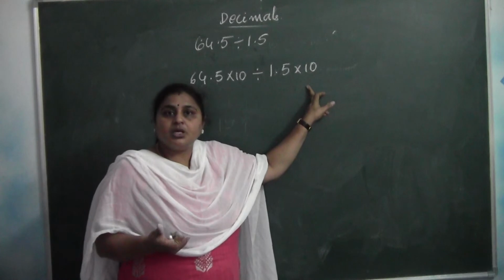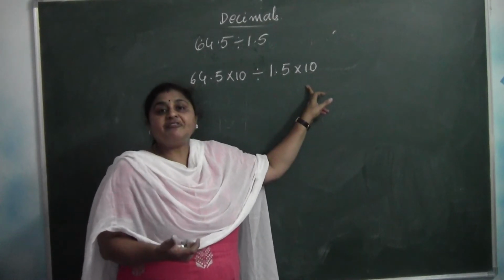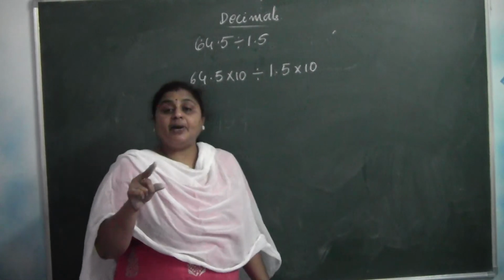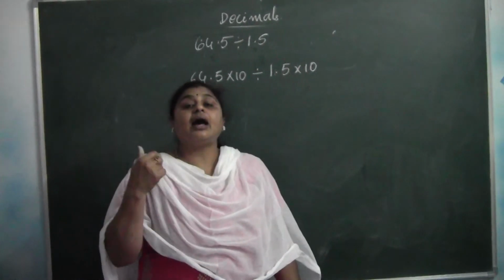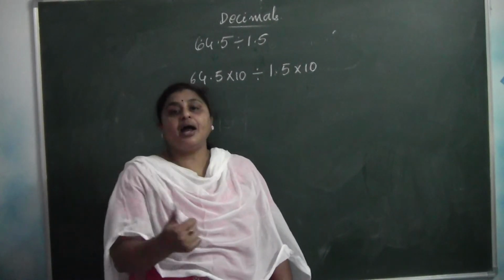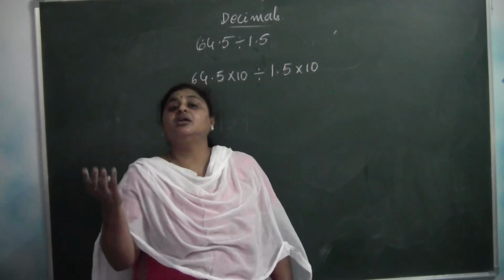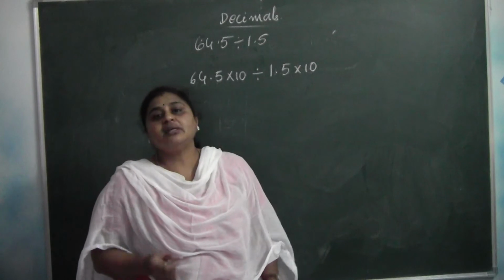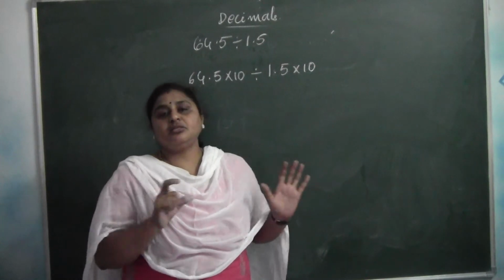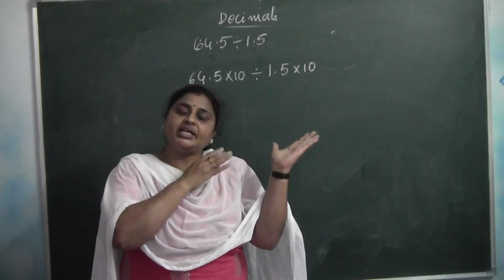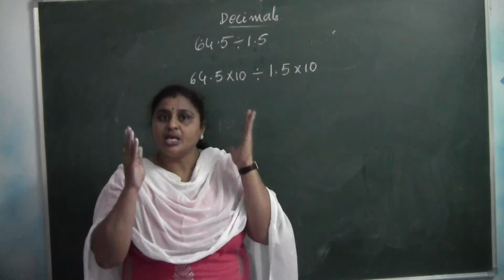For suppose if you have after decimal 2 digits, then you are multiplying the dividend and the divisor with 100. If after decimal we have 3 digits, with 1000. As simple as that. This is only one step, it varies children. Leftover the division process is same.